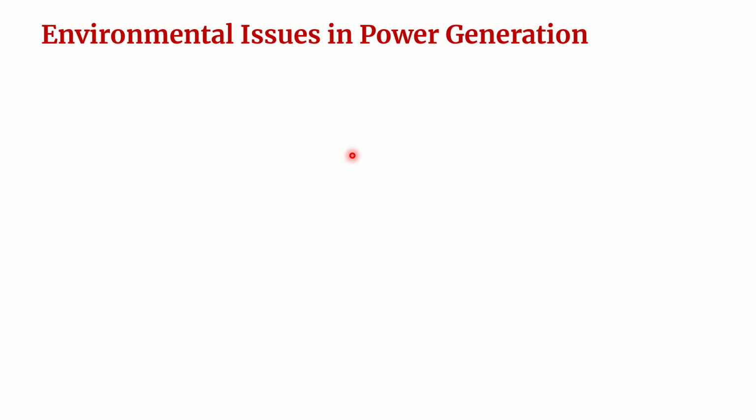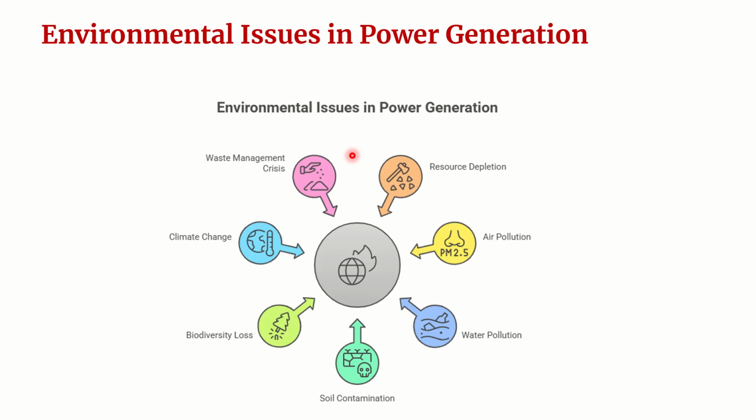What are all the environmental issues related with the power generation? Environmental issues from a cleaner technologies and sustainability perspective primarily revolve around human activities impacting natural systems. So these issues necessitate a shift from end of pipe solutions to prevent emission of pollutants as well as exploitation of available resources.